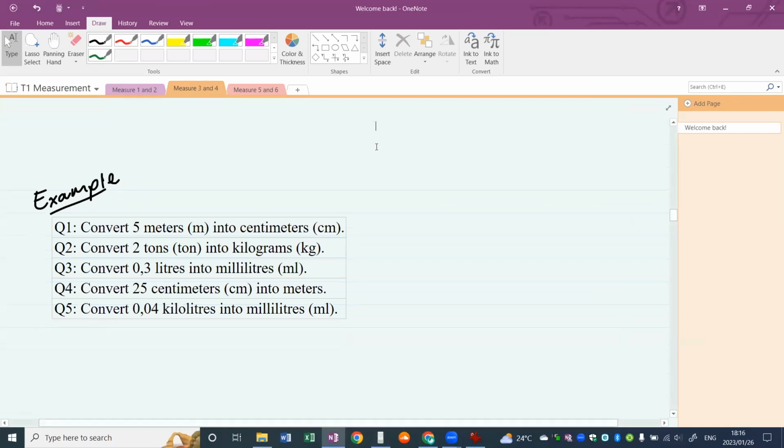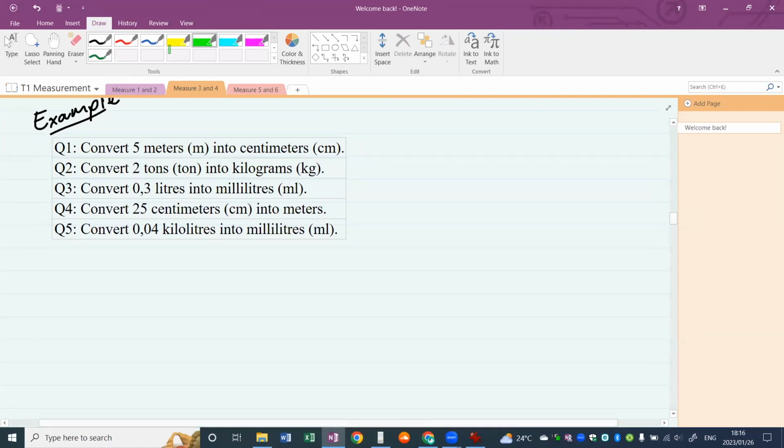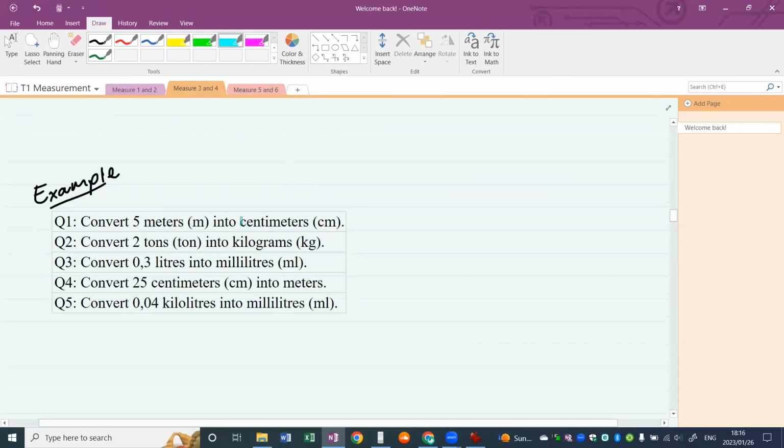In the first example, question number 1, it says convert 5 meters. I've always written the word here and then the symbol for the word. So 5 meters, which is m, and I want to convert 5 meters into centimeters. There's centimeters there, and there's cm for centimeters there.